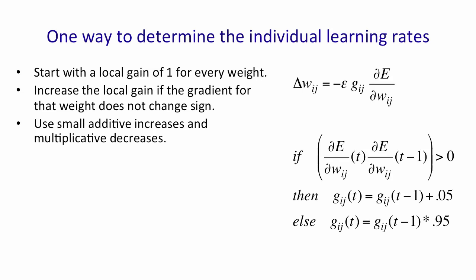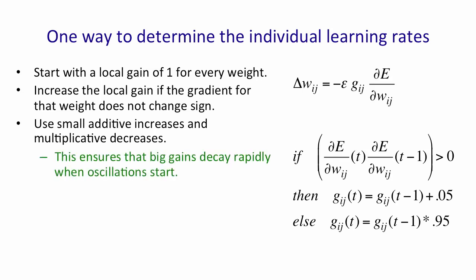And then we're going to increase g_ij by a small additive amount. If the gradients have opposite signs, we're going to decrease g_ij, and because we want to damp down g_ij quickly if it's already big, we're going to decrease it multiplicatively. That ensures that big gains will decay very rapidly if oscillations start.